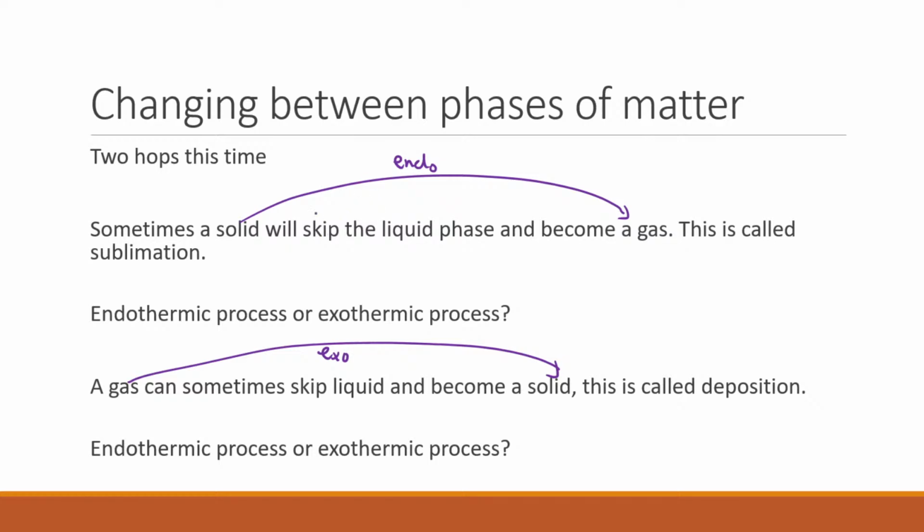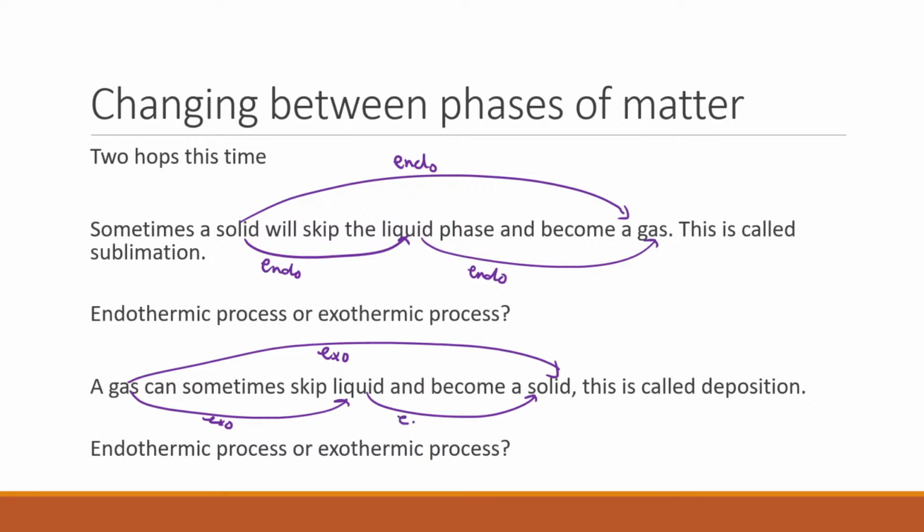If we think about what we just said before, solid to liquid is also endothermic, liquid to gas is also endothermic. Gas to liquid is exothermic. Liquid to solid is exothermic. So it makes sense that if we go straight from gas to solid, it's still exothermic. And if we go straight from solid to gas, it's still endothermic.